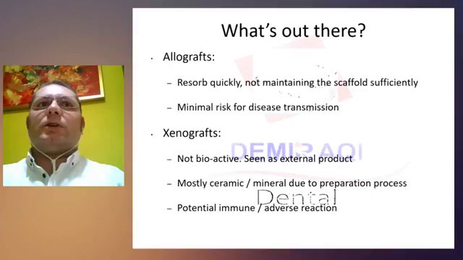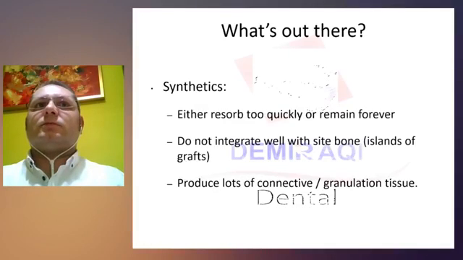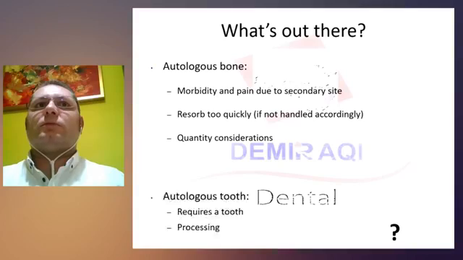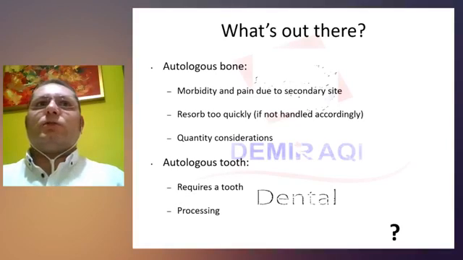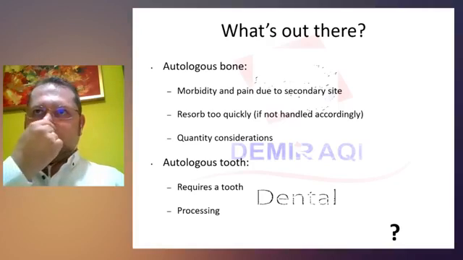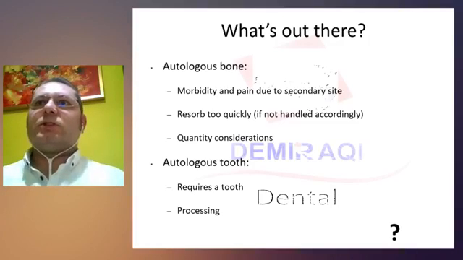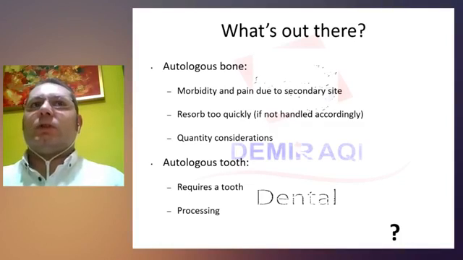So what's out there? Allo, xeno, synthetics, and autologous bone. Well, I'm going to stay with the last two options, which are bone and teeth. These are my favorites, even though I use other grafts to do enough for what I'm doing.